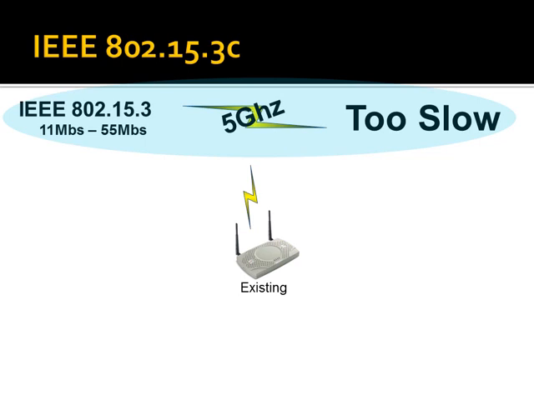And they essentially took the Bluetooth idea and just simply sped it up. And they sped it up to the whopping speed of 11 megabits to 55 megabits. We've already discussed the rates we're talking about, and that's way below what we need for video and audio, particularly HD video and audio. So it's just too slow.